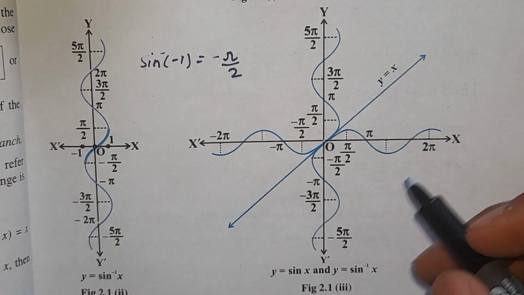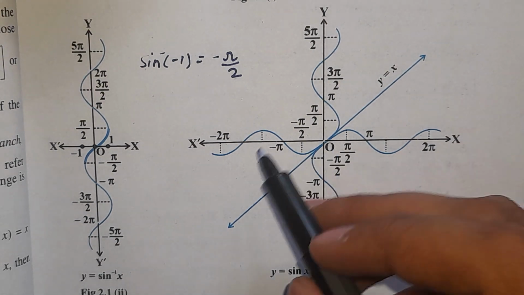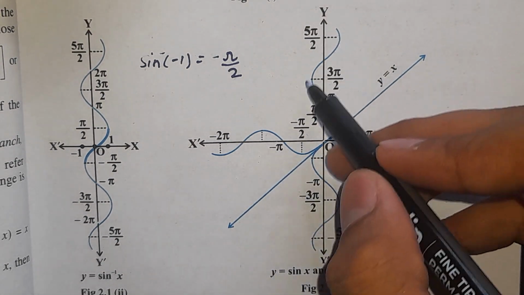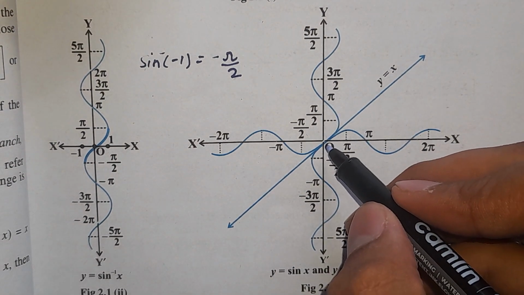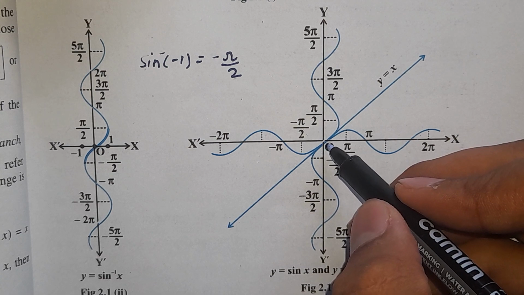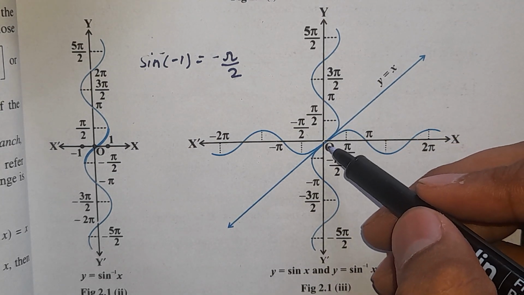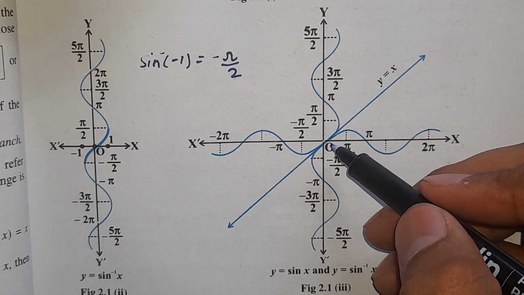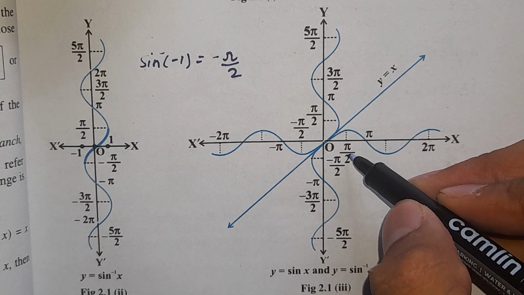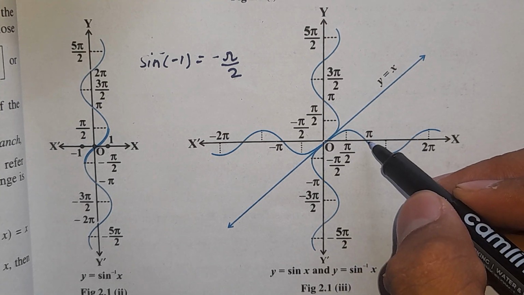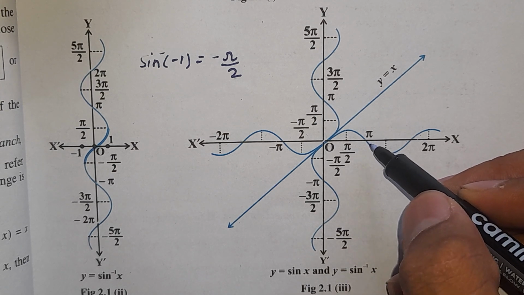And this graph is about the relation between the sine x graph and the sine inverse x graph. This is the sine x graph and this is the sine inverse x graph. So you can see that sine 0 is 0, and sine inverse 0 is also 0. Sine 90 degrees is 1, and sine 180 is 0.